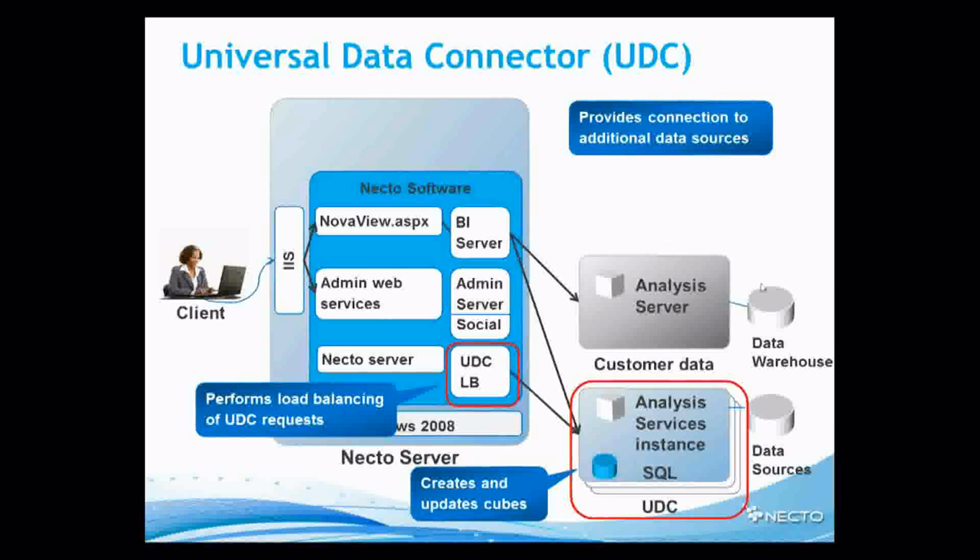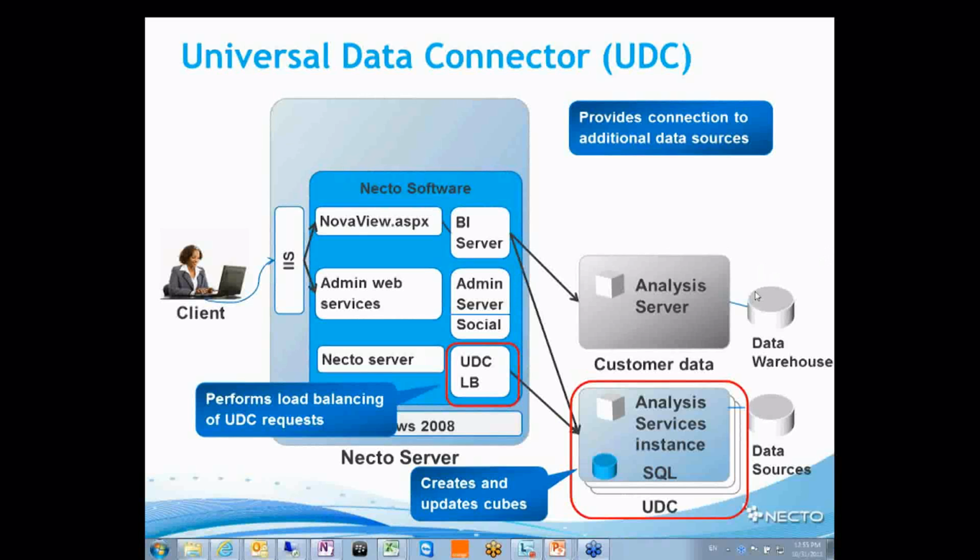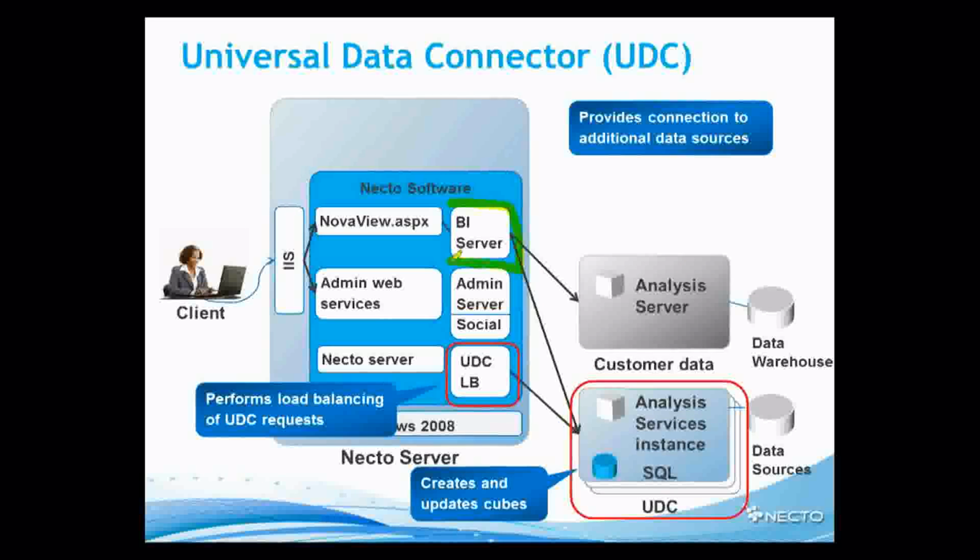So actually, if I'm looking here at the BI server, the BI server can be connected to an analysis server that gives me all of the information about my data warehouse, and then the UDC can be connected to a different server. Now, another option is to connect them both to the same server. So them both can be connected and used by the same server.